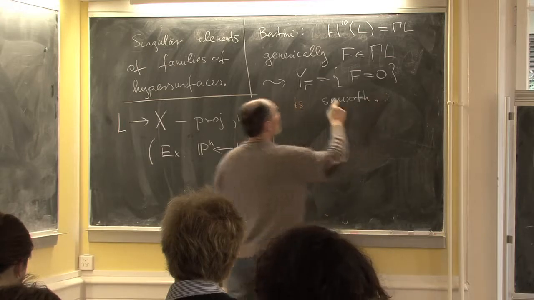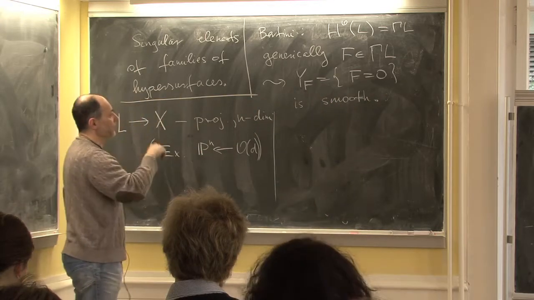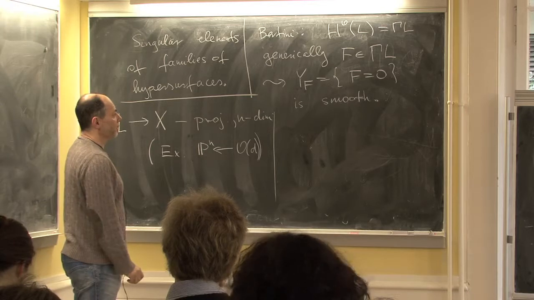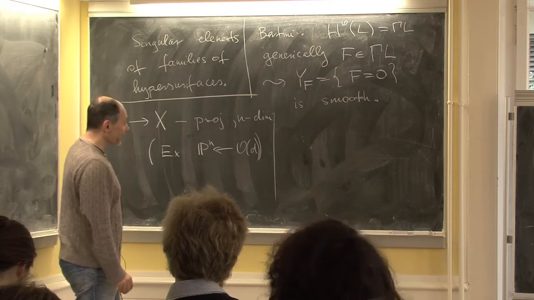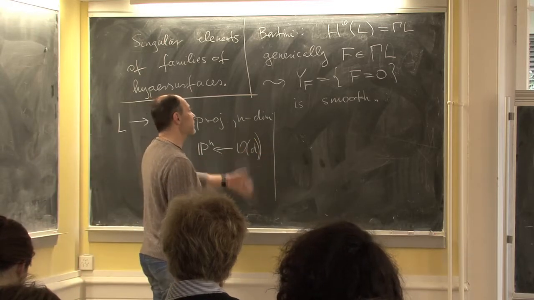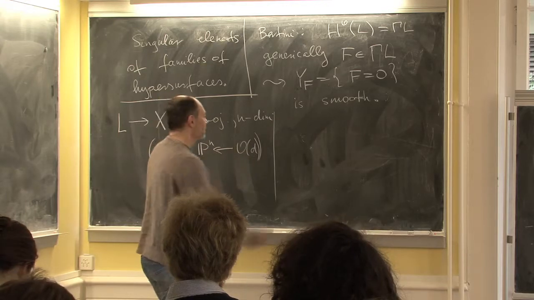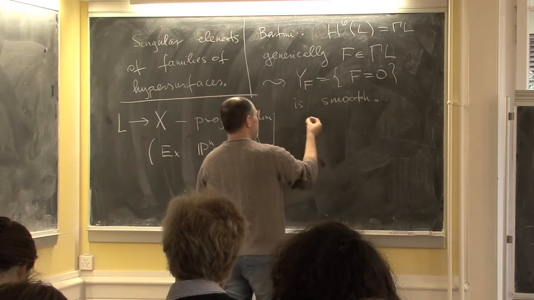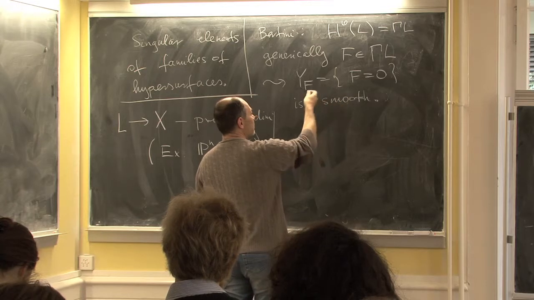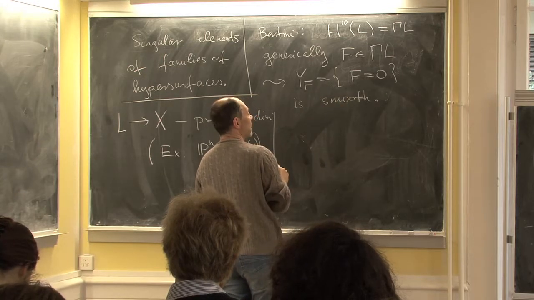And now, what will be interesting is what the singular part is. What I suggested last time is a little bit of cheating, but let's describe the singular part. So how do you describe a singular hypersurface?